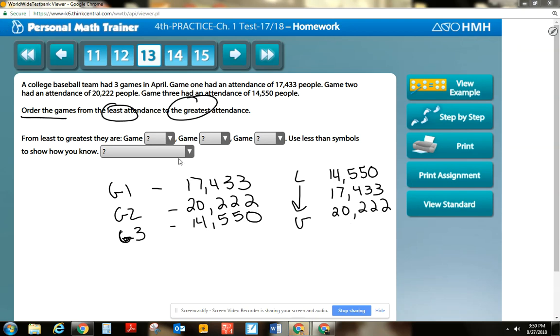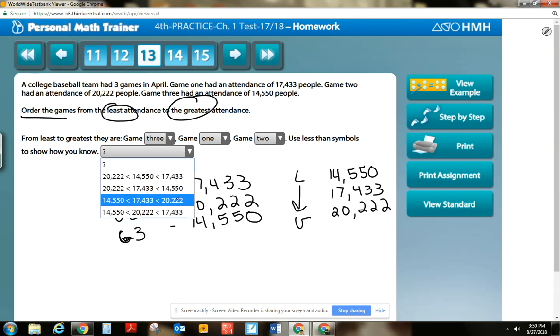From least to greatest, least was game 3, and then 17,000, that went with game 1. So much easier when I had it labeled like this. Going back and reading the sentences is confusing. And then game 2 was the greatest.